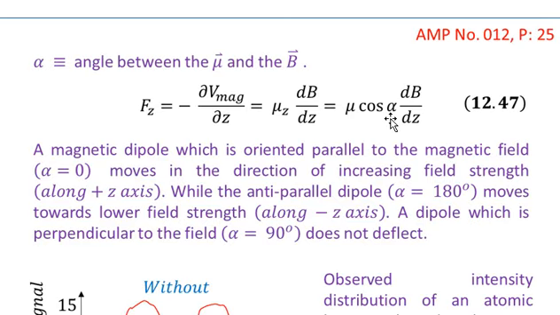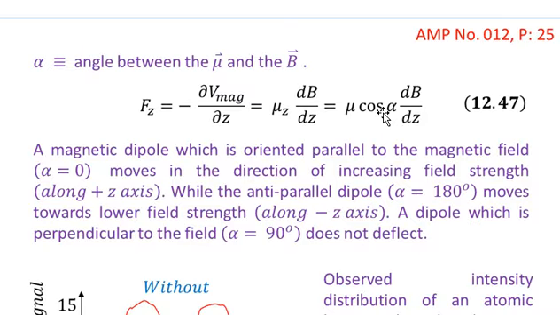So if alpha is 0, then cos of alpha is 1, and this force, mu dB over dz, has a component along the positive z direction. But if alpha is equal to 180°, cos alpha will be equal to -1, and this force will be directed downward, opposite to the direction of the z axis.